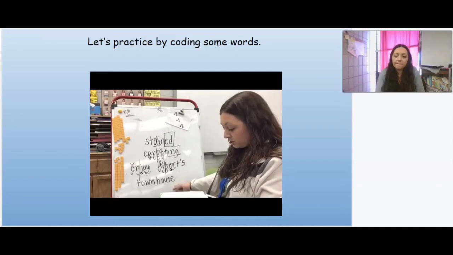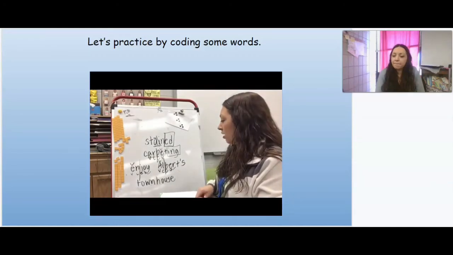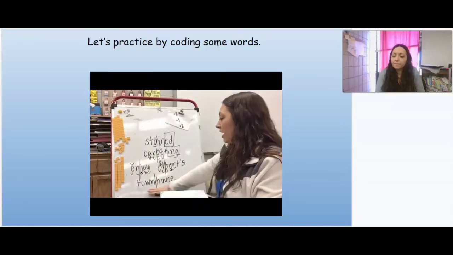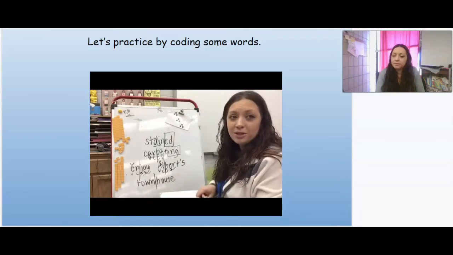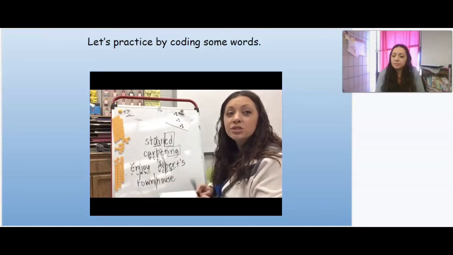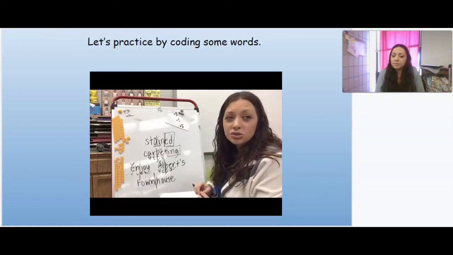Ooh, look at this word. This is actually a compound word, so I'm going to have to break it apart between the two words, okay? So I'm just going to try down the middle and see if that makes sense, okay? So now over here, what do you see that I have? I've got that OW. Now remember, we talked about digraph OW that said the O sound, but we usually see that where? At the end of the words. When we see OW in the middle of the words, it's usually going to be a diphthong, okay?